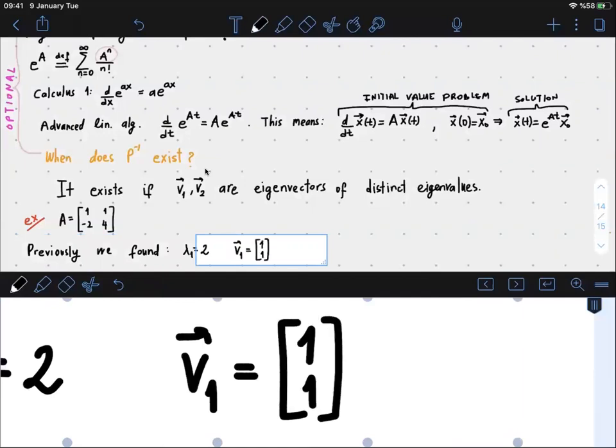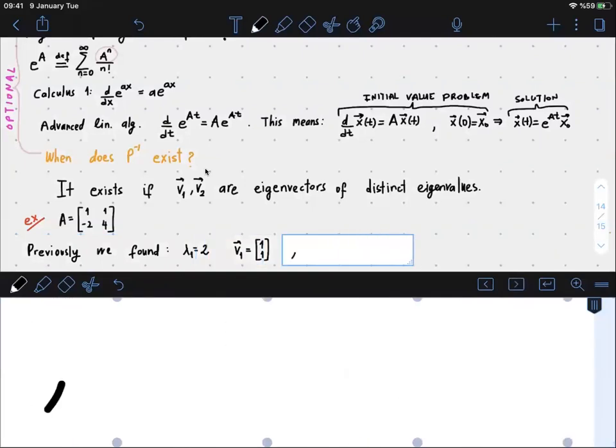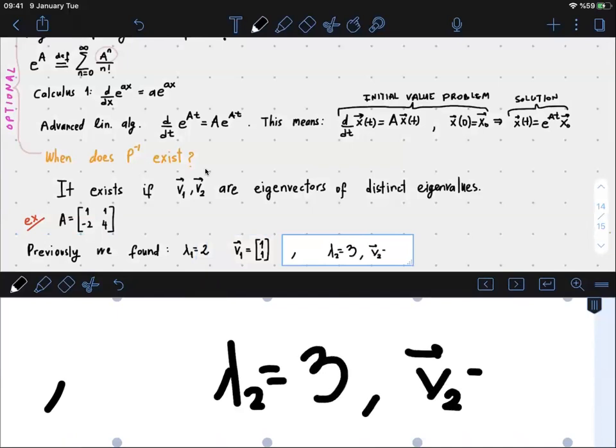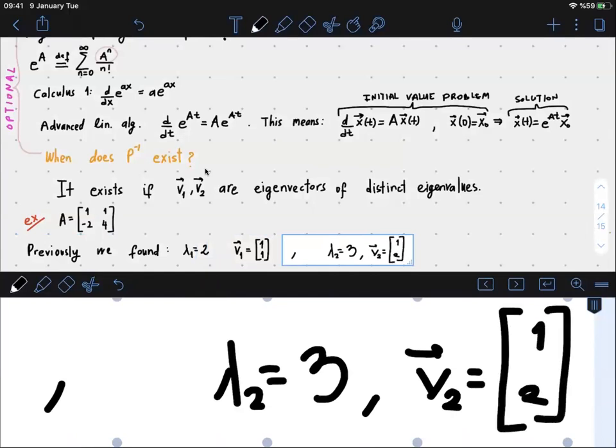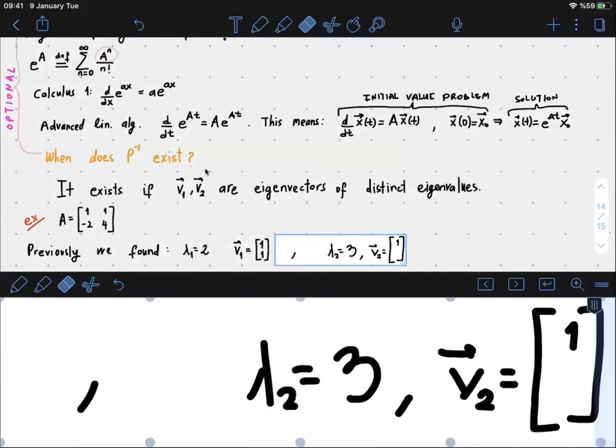If you remember, the eigenvectors were R, R, and we're just taking 1, 1, so R equals 1. Another pair of eigenvalue and eigenvector was lambda 2 equals 3, and V2 is 1 and 2.